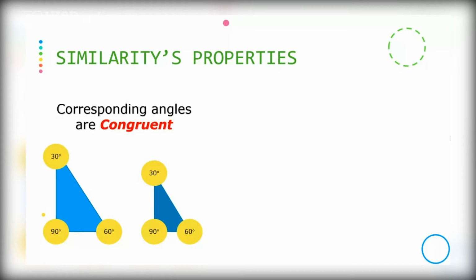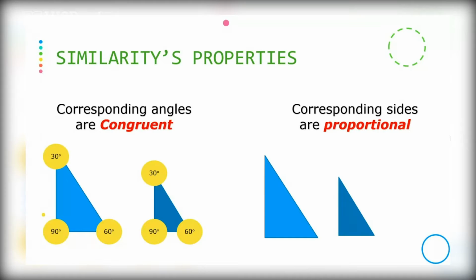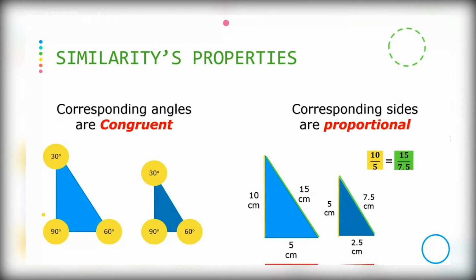And the second property of similarity is that the corresponding sides of two shapes that are similar have to be proportional. So that means that the ratios made by the two measurements are always going to be equal to each other.